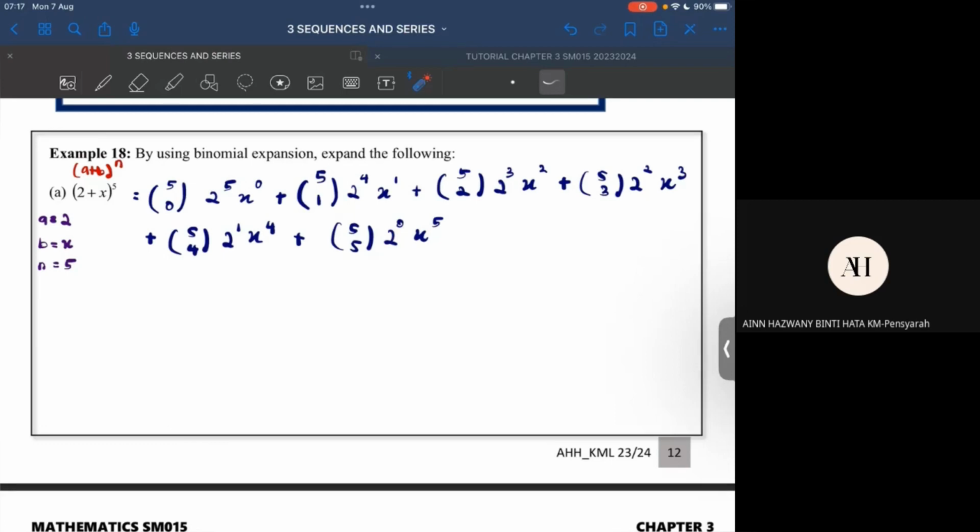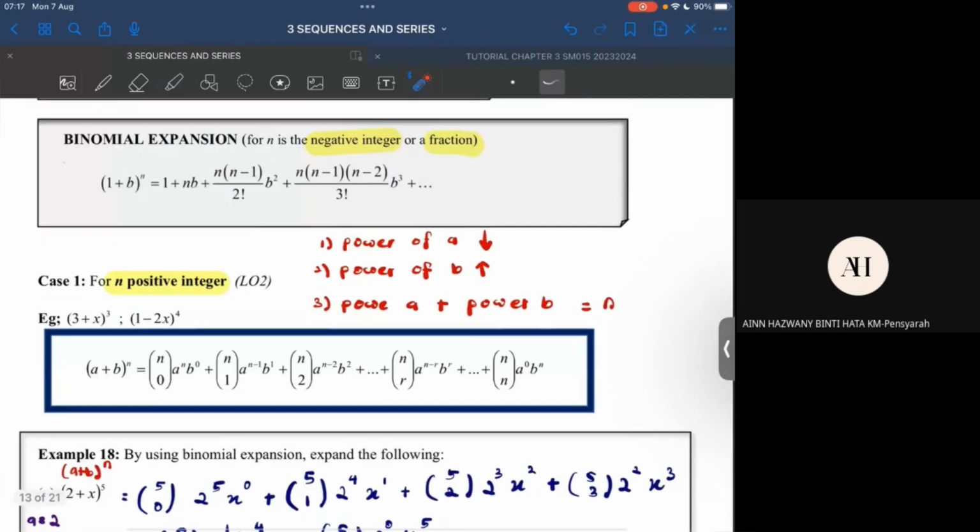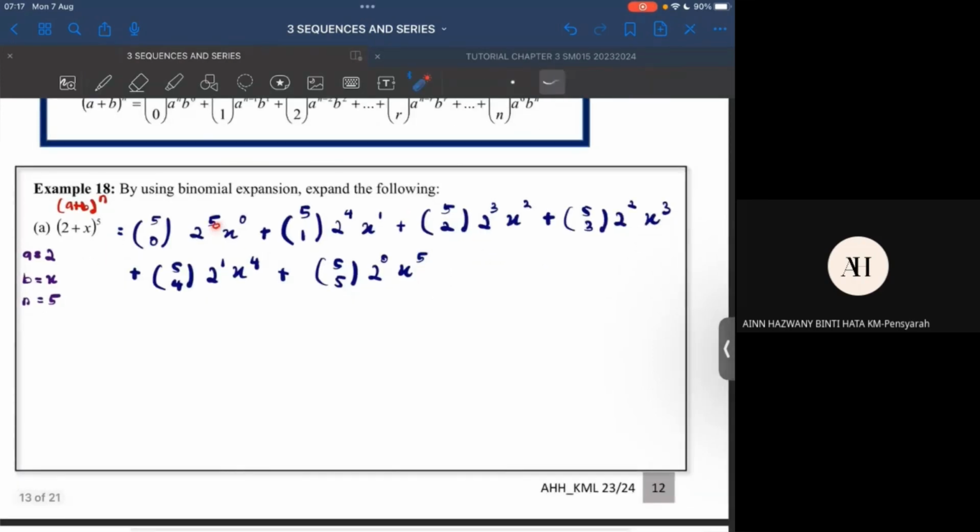Okay, so kalau macam tu insyaAllah lah tak ada kesilapan lah dalam kita punya expansion dekat situ. And always check balik point yang ketiga, which is power of A dengan power of B kalau ditambahkan akan jadi n. Okay, 5 plus 0 5, 4 plus 1 5, 3 plus 2 5, 2 plus 3 5, 1 plus 4 dapat 5, 0 plus 5 dapat 5. Okay, so possibility untuk betul tu besar lah.